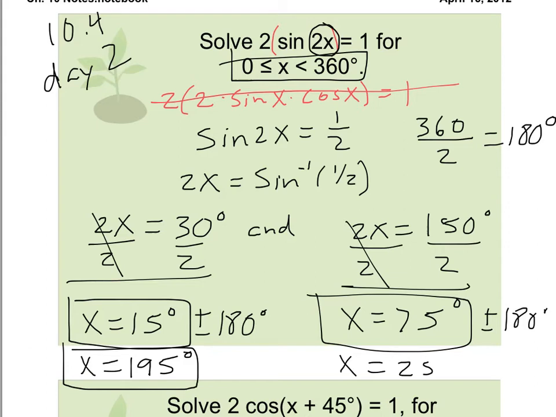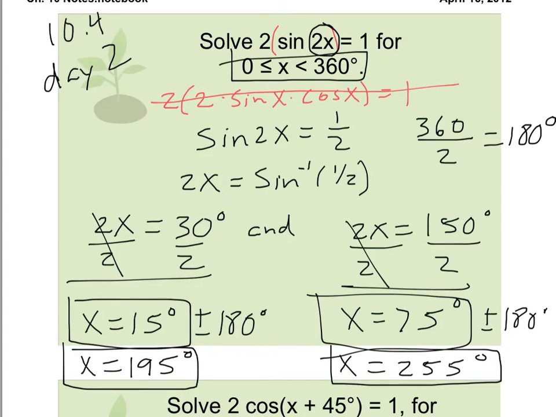Over here I add 180 and I get 225, and that would be another solution. If you were to continue to add 180 degrees, you'd see that that takes us outside of our interval of 360. Something to check. Important to do that.